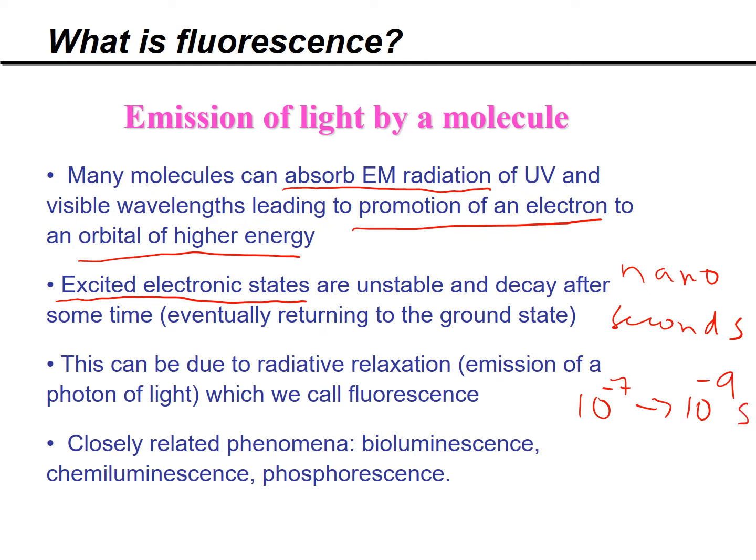And when that decay occurs by emission of light, so just as absorption of a photon can generate the excited state, emission of a photon can relax the excited state back to the ground state, that's fluorescence. So that's what we call fluorescence, this radiative relaxation of an electronic excited state. There's some closely related phenomena that we're going to discuss, which you may have also seen or at least heard of. Chemi and bioluminescence and phosphorescence.